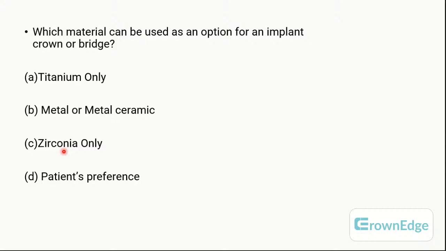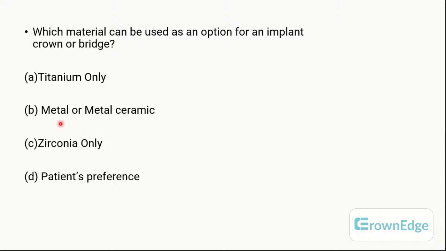So the material of choice, usually 95% of the time, is metal or metal ceramic, because these materials will not harm your opposing dentition. The second choice is zirconia. The third choice is titanium. Zirconia is mainly for purely aesthetic considerations, because there is nothing as aesthetic as a zirconia restoration.